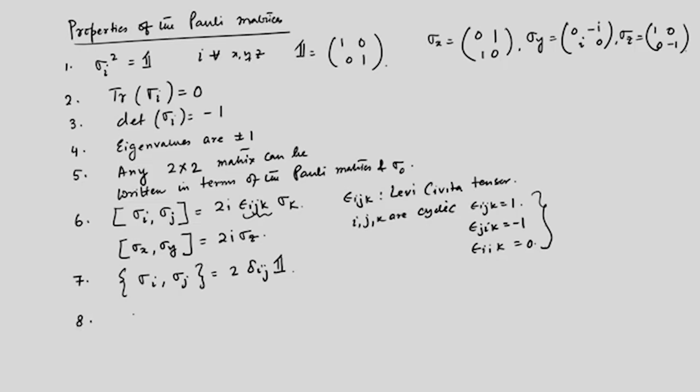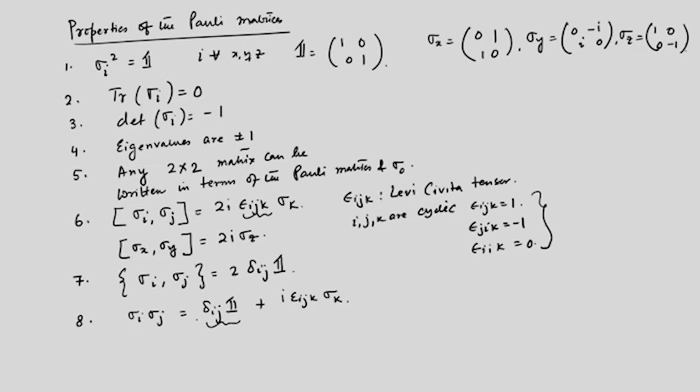Another property is sigma i sigma j equal to delta ij times 1 plus i epsilon ijk sigma k. Here I am just writing two of them, and the product of two of them can be written like this. If i and j are the same, say equal to x, then the first term survives and gives you 1, which is all we know.